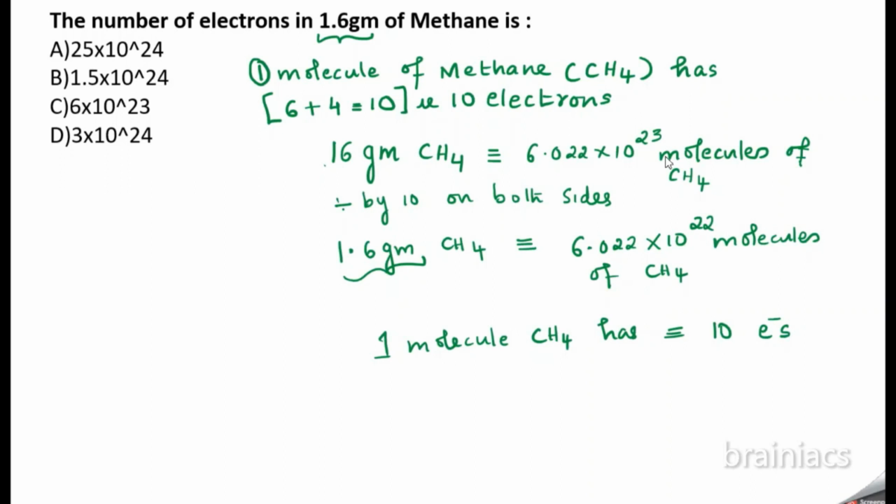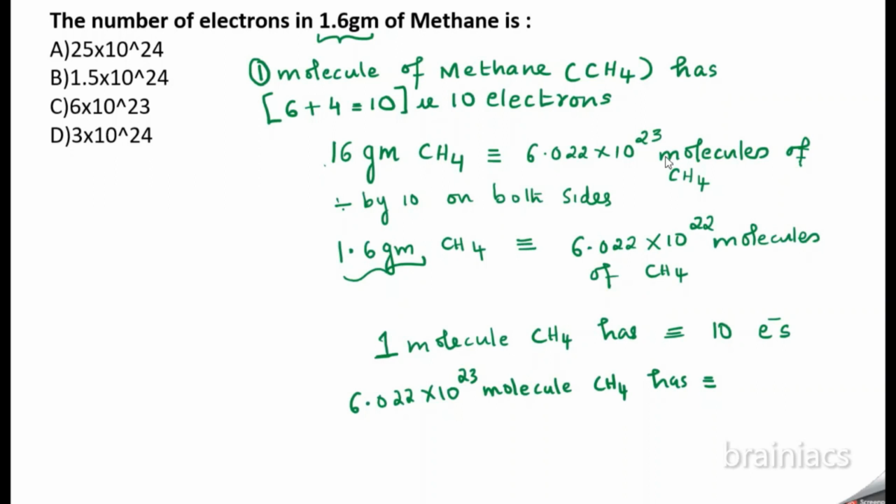So 6.022 into 10 power 23 molecules of CH4 has... how have you converted 1 into 6.022 into 10 power 23? By multiplying by 6.022 into 10 power 23. So multiply the same value on the RHS also.